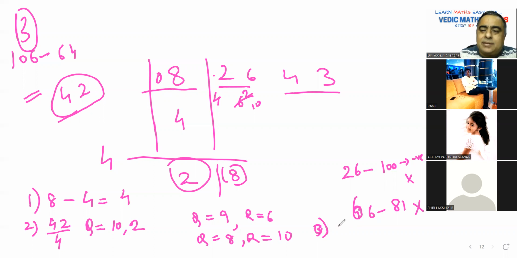Fourth step again is 42 divided by 4. Got it? Again the same problem will come, again you have to reduce. But we'll find out if we can do this by vinculum. I'll just try to do it, or you also try. Otherwise, again it would be negative, and you'll have to go by this.